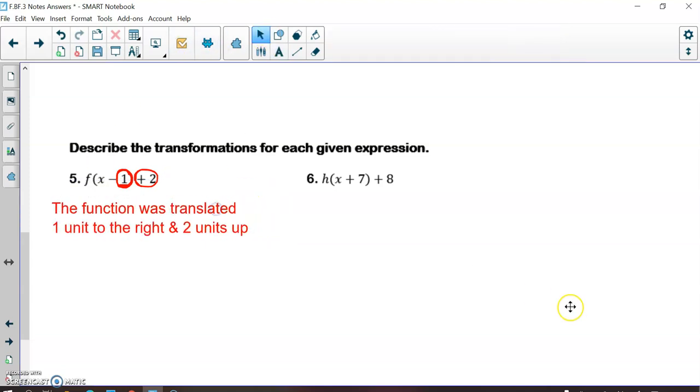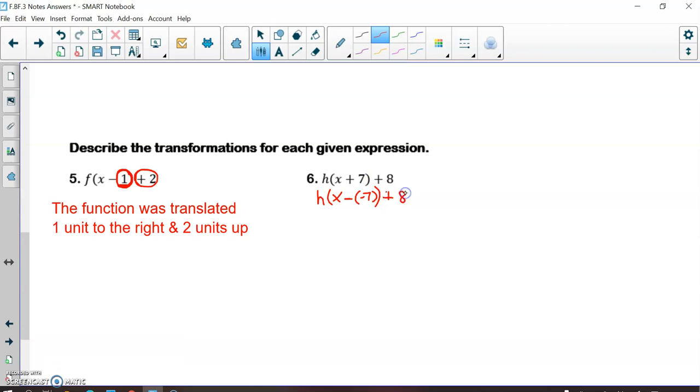And so number 6, we have h of x, not the function f of x. Now we have the function h of x, which is fine. It means the same thing. But your h value, remember, your horizontal translation here is always in terms of minus. So this is the same thing as x minus a negative 7, and your vertical translation is exactly what it looks like.